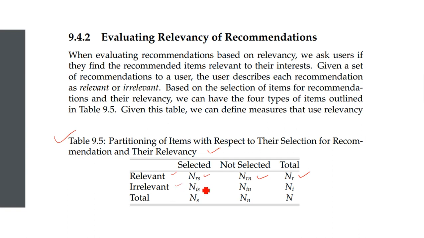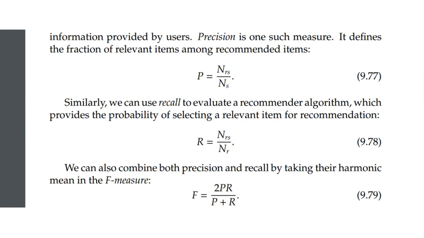Then irrelevant and selected we can denote as NIS, irrelevant and not selected as NIN, then total as NI, then totals NS, NN and N. So in this way we can write the table for relevant selected, relevant not selected, irrelevant selected and irrelevant not selected. Now, information provided by users.